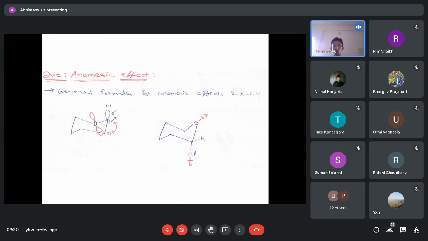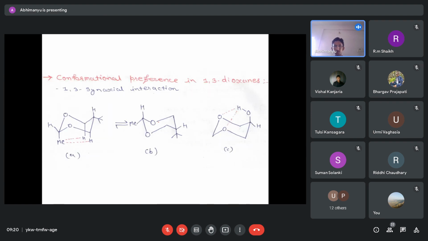I told you in the last lecture that a methyl or hydrogen can be stable either axial or equatorial. Until now in your mind I repeated that equatorial is always stable. No, here you can see that in structure A, due to diaxial interaction it is least stable, B is stable.